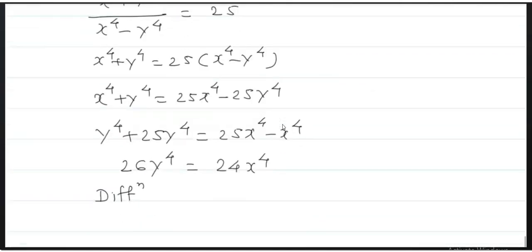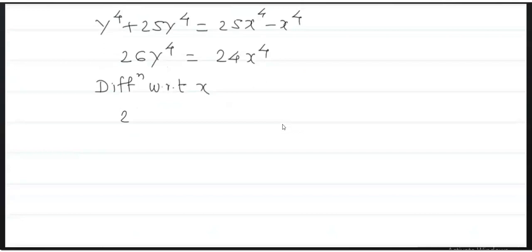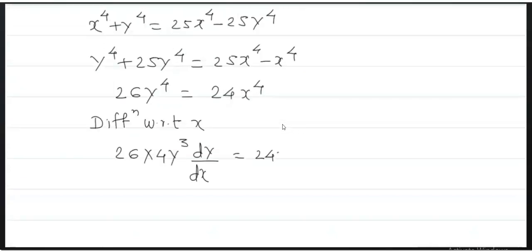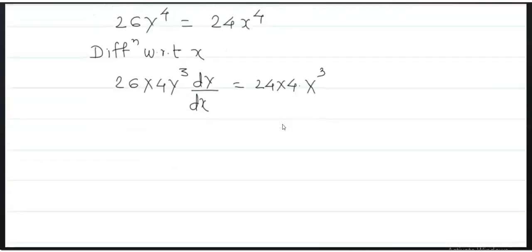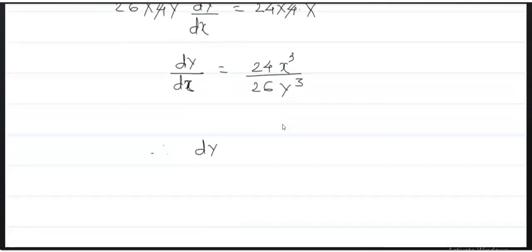Differentiate this with respect to x. Therefore you are getting dy by dx is equals to 24x cube upon 26y cube, and I think that is a minus sign.